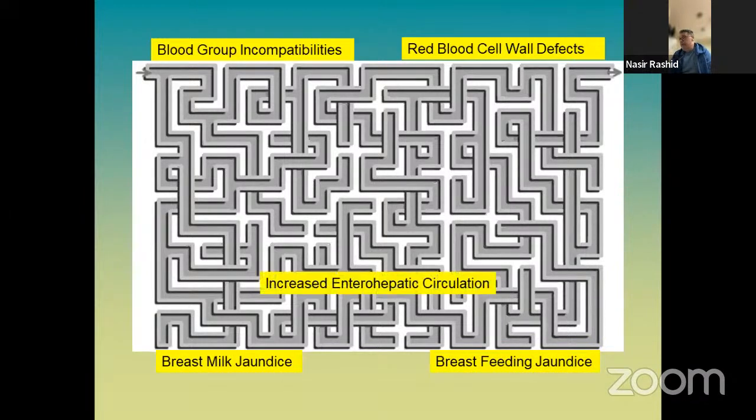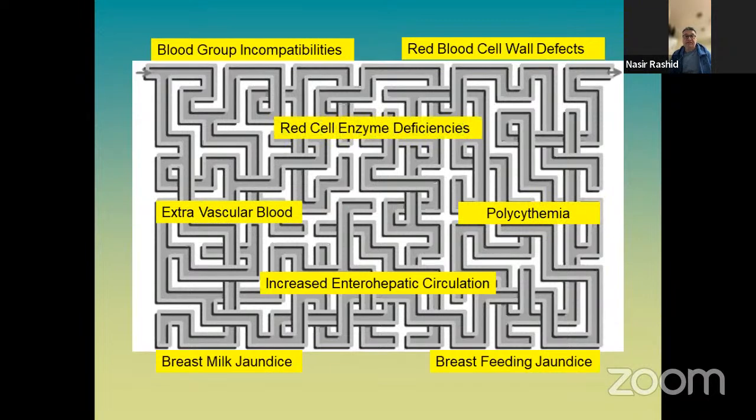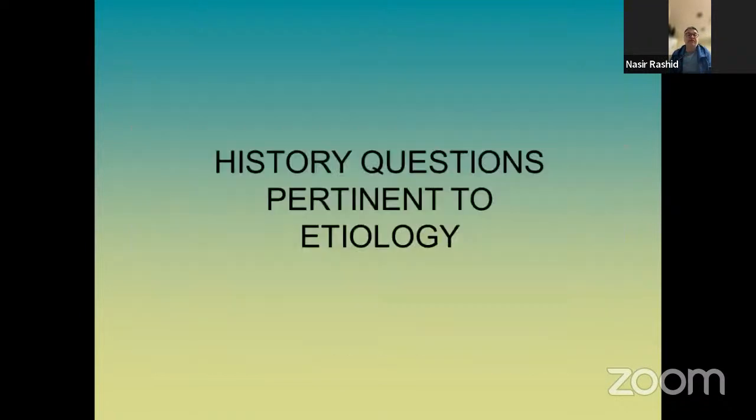It can be increased enterohepatic circulation. It can be increased extravascular blood. It can be polycythemia. It can be red cell enzyme deficiencies. So these are certain etiologies of non-physiological hyperbilirubinemia. And to arrive at a correct diagnosis, you need to take a full history. And you know how focused I am on history and physical exam.